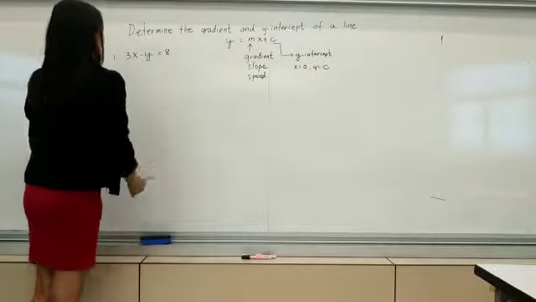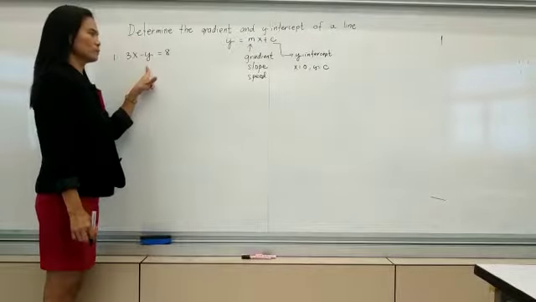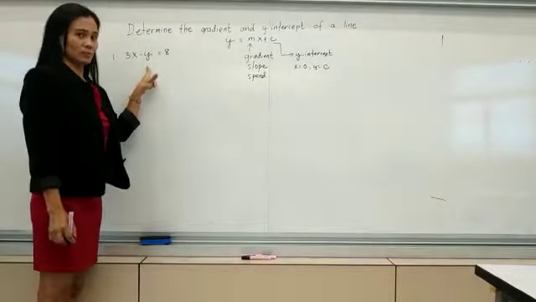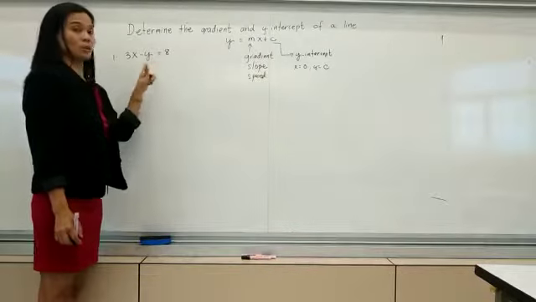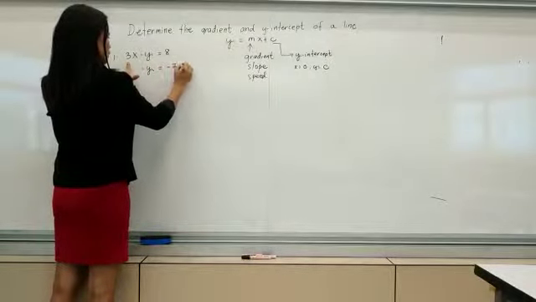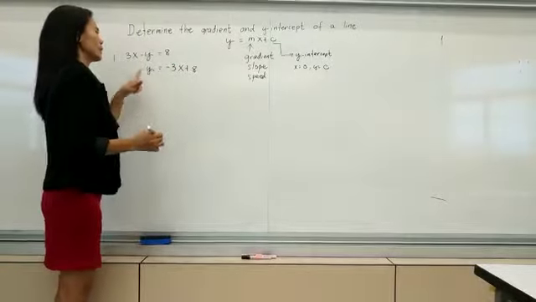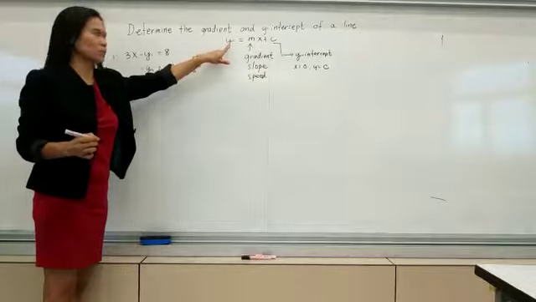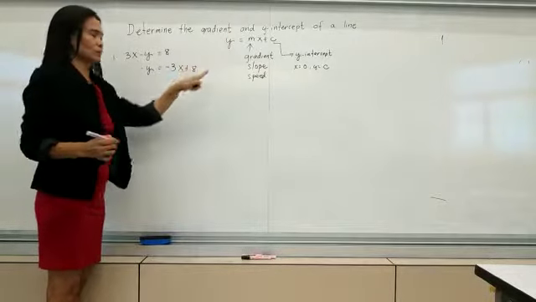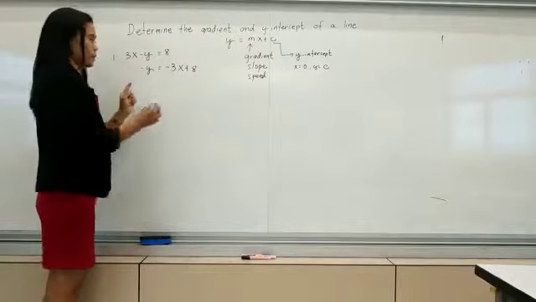So let's determine what is the slope, what is the gradient, or what is the speed of this equation. We have negative y is equal to negative 3x plus 8. Again, you need to set up in this form, y stays alone, and in this case, you still have negative 1 before your y.